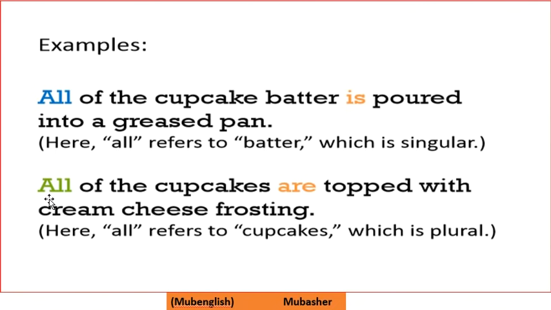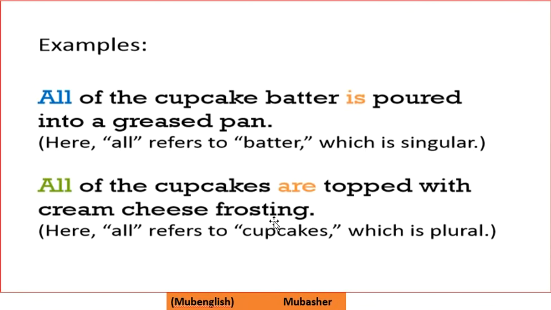Whereas in the second sentence, all of the cupcakes, now all is referring to the cupcakes, which are plural. So when this all is referring to the plural cupcakes, accordingly we are using the plural verb. And while this all was referring to the singular noun, we have used is. So all of the cupcakes are topped with cream cheese frosting.